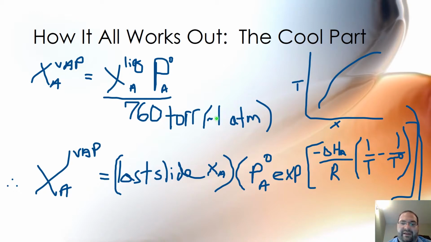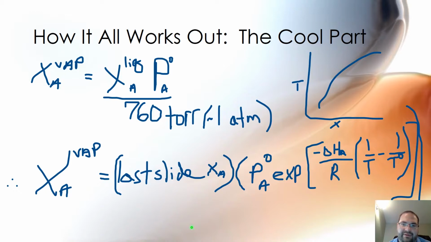We're not using atmospheres or bars or any of that. Those pressures are too magnanimous for a simple system like this that's really small. We just won't quite reach those limits of pressure. It's going to be small measurements. That's why millimeters of mercury or torricellis work better. They're more reasonable.